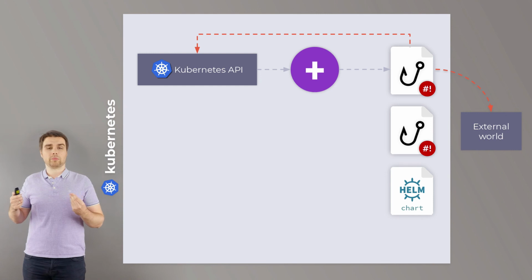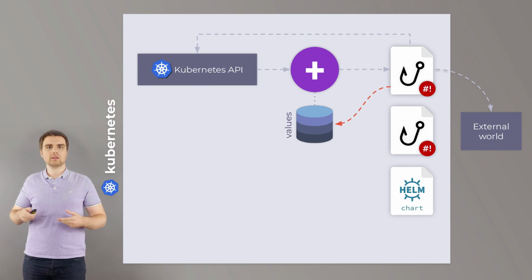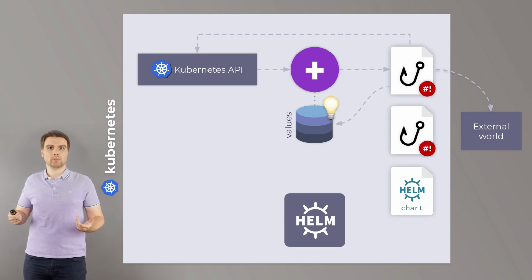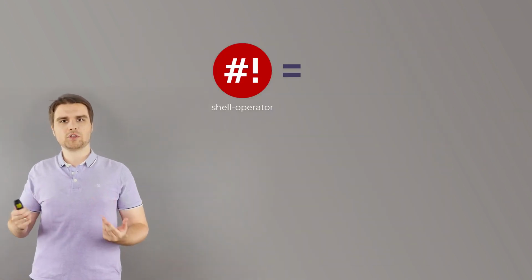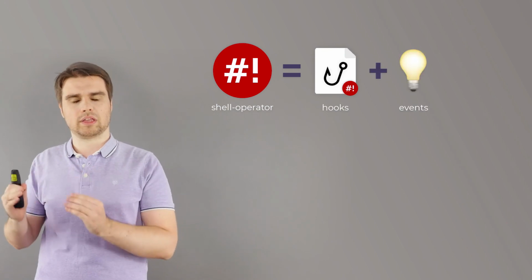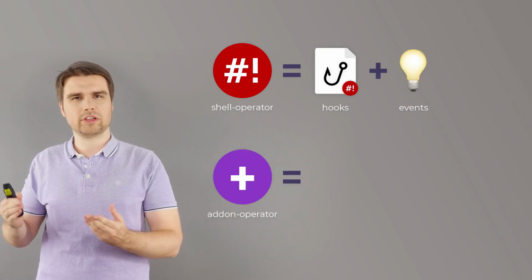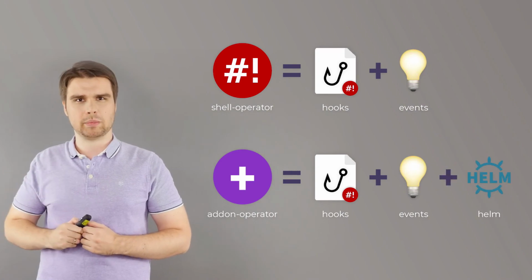Then the hooks that previously affected Kubernetes or the external world can set, modify, or delete values in a value store of the addon operator. If such a change is detected, the addon operator executes Helm and passes it a Helm chart and the value store. The rendered chart is applied to the Kubernetes cluster. If Shelloperator is a collection of hooks that are triggered by events, an addon operator is the same thing plus Helm integration.